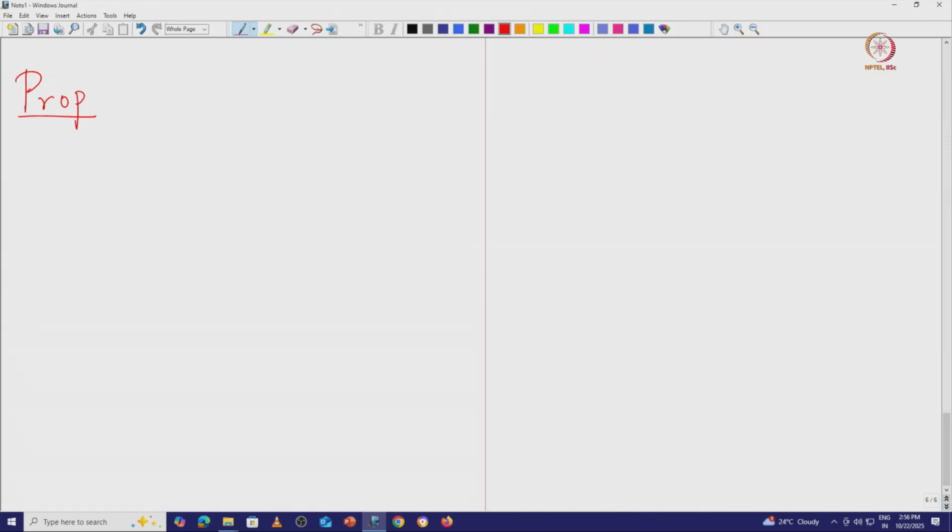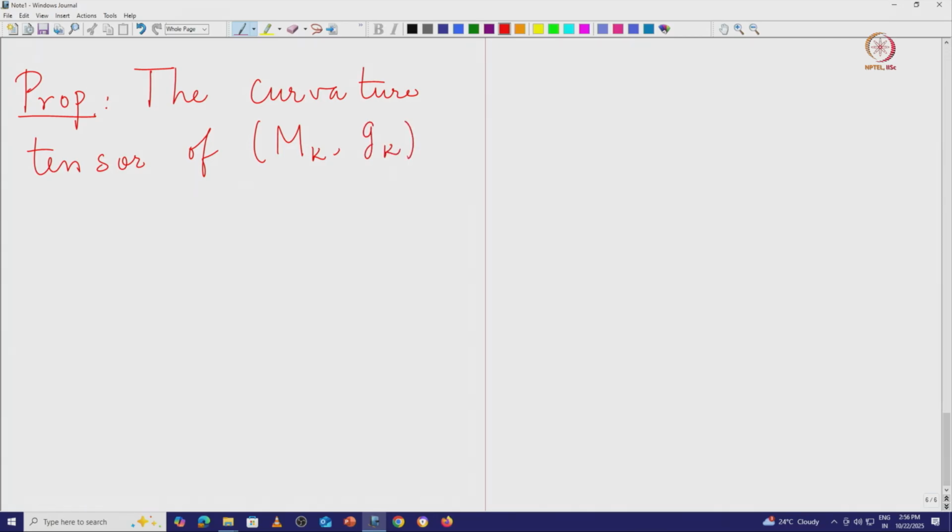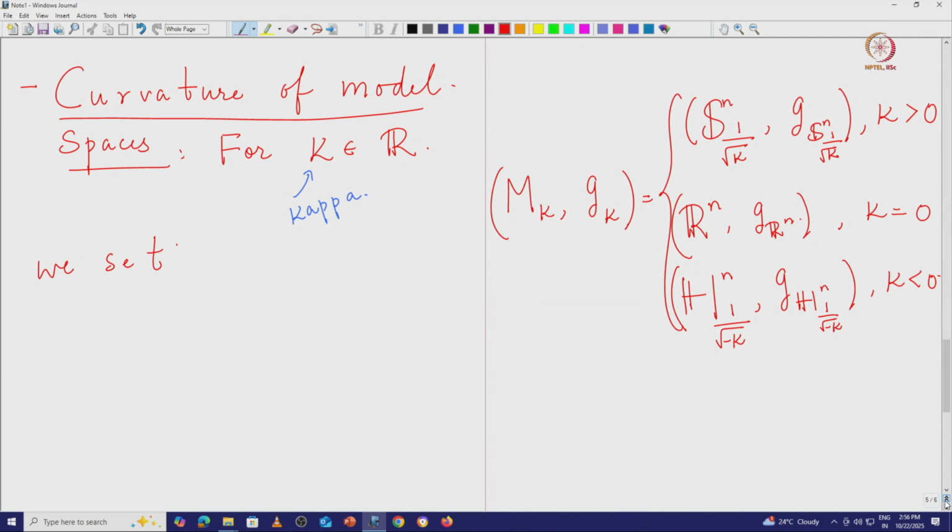So proposition: the curvature tensor. So maybe I should say that these are the sort of model spaces of dimension n. Okay.